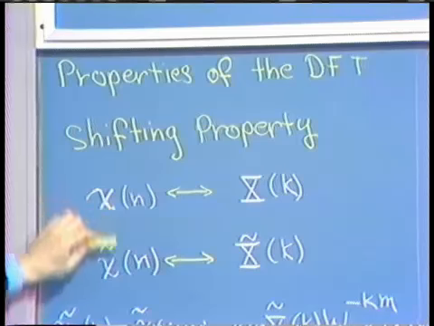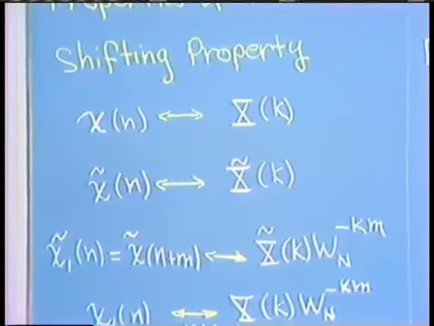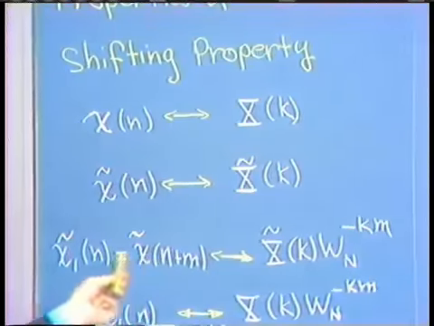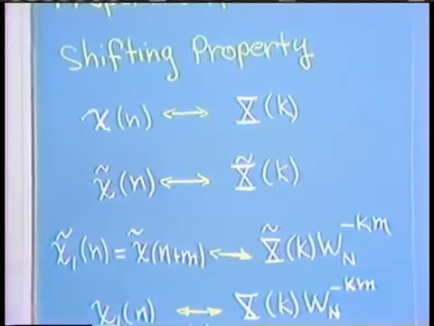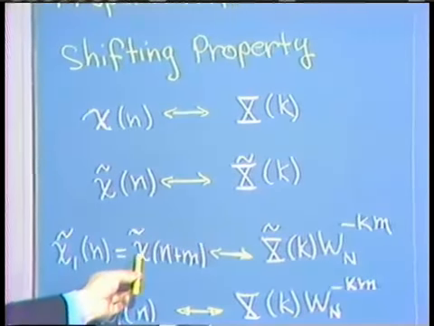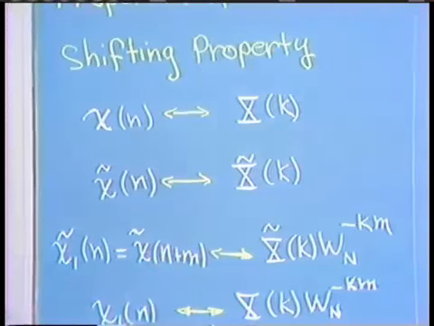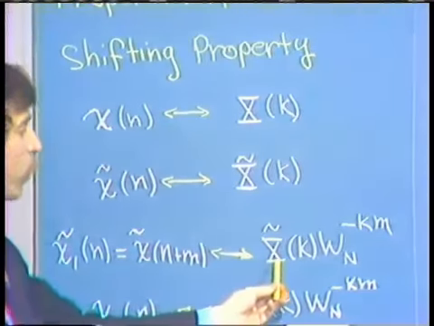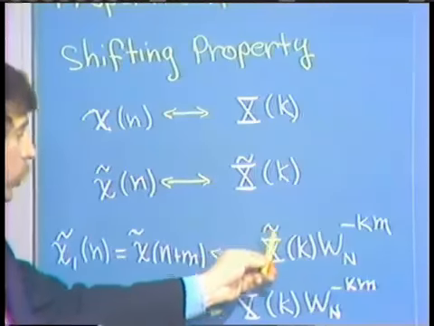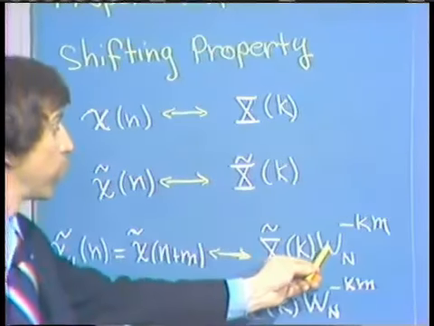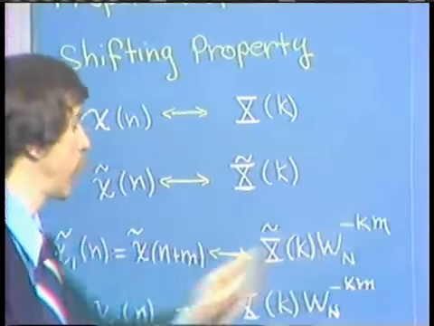Well, the shifting property that we want to introduce then corresponds to the finite length sequence, which is implied by shifting the periodic sequence x tilde of n. We know that if we shift the periodic sequence, x tilde of n plus m, the Fourier series coefficients that we get are x tilde of k multiplied by a complex exponential, W sub capital N to the minus km.